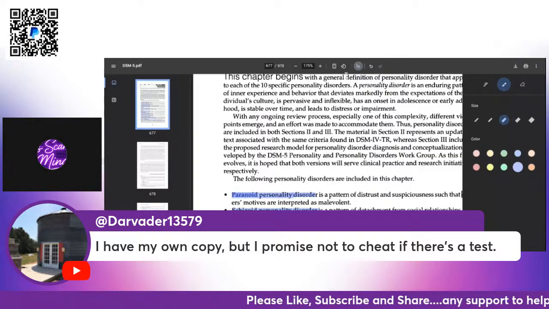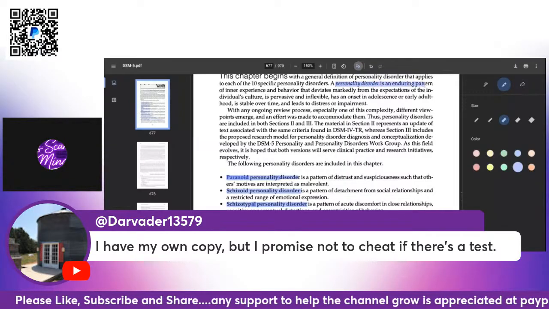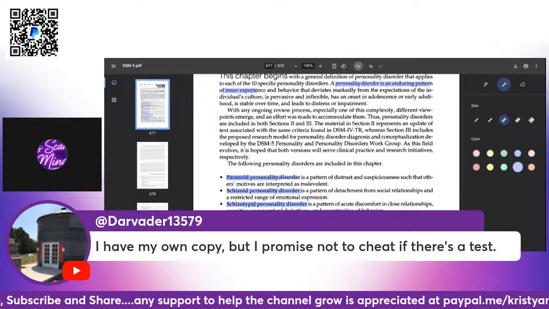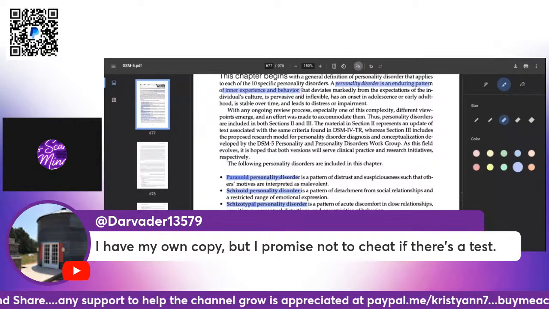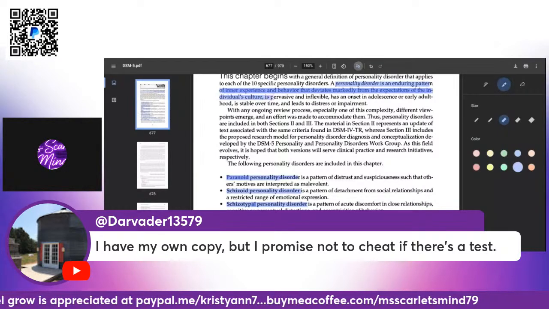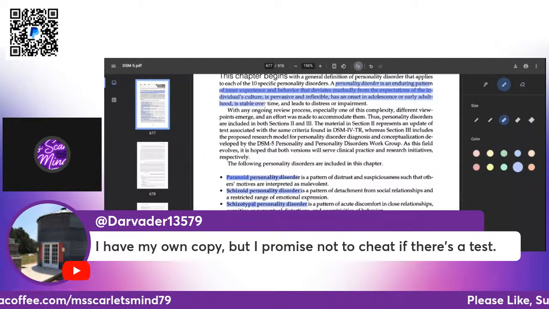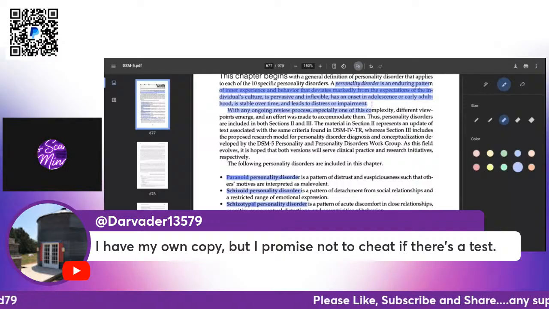So a personality disorder is an enduring pattern of inner experience and behavior that deviates markedly from the expectations of the individual's culture, is pervasive and inflexible, has an onset in adolescence or early adulthood, is stable over time, and leads to distress or impairment.